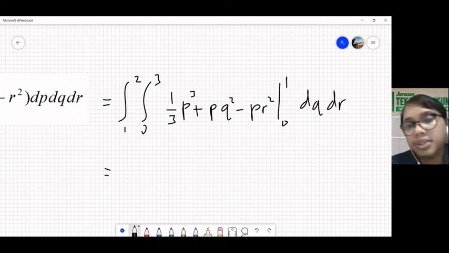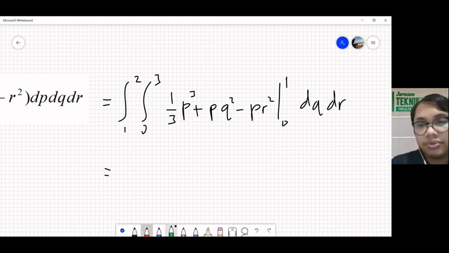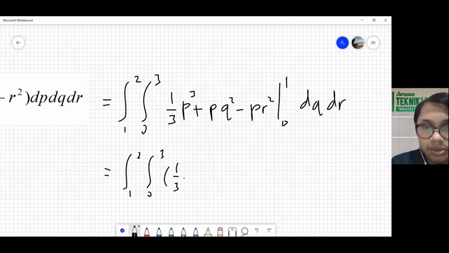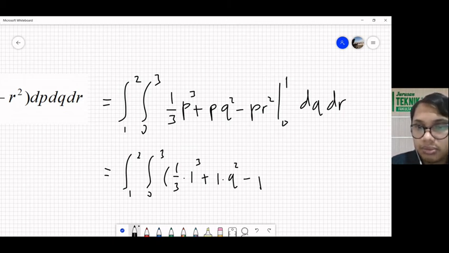Okay, because this limit is 0, just write the upper limit. 1/3 1 power 3 and 1 times q square, okay, sorry, 1 times r square.